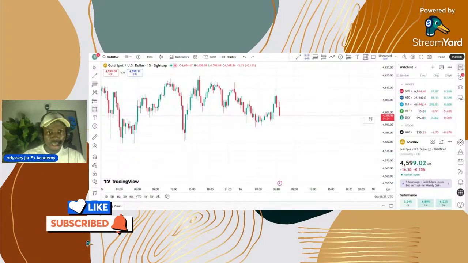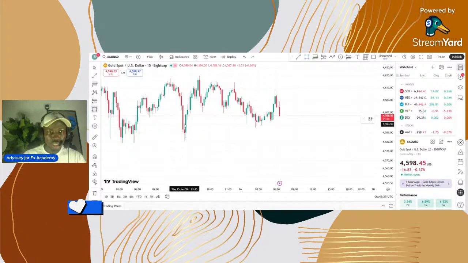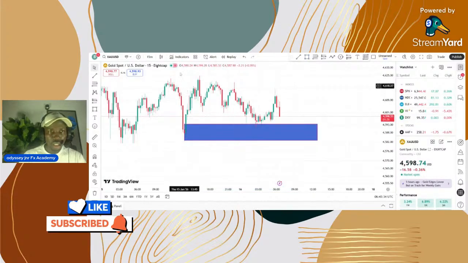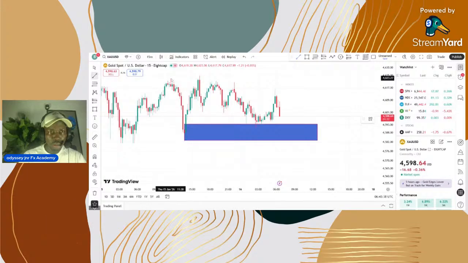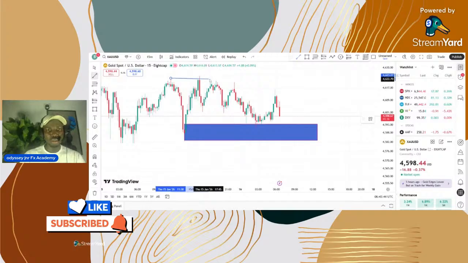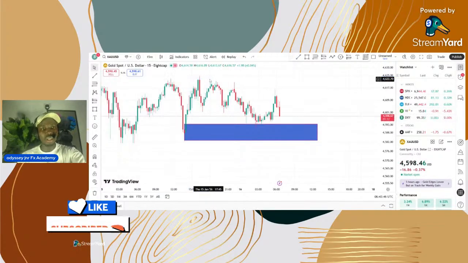Let's look at this break of structure here, this order block here that has been mitigated, and this was the break of structure. Although it didn't break, there was no break of structure here, so it was an equal high.